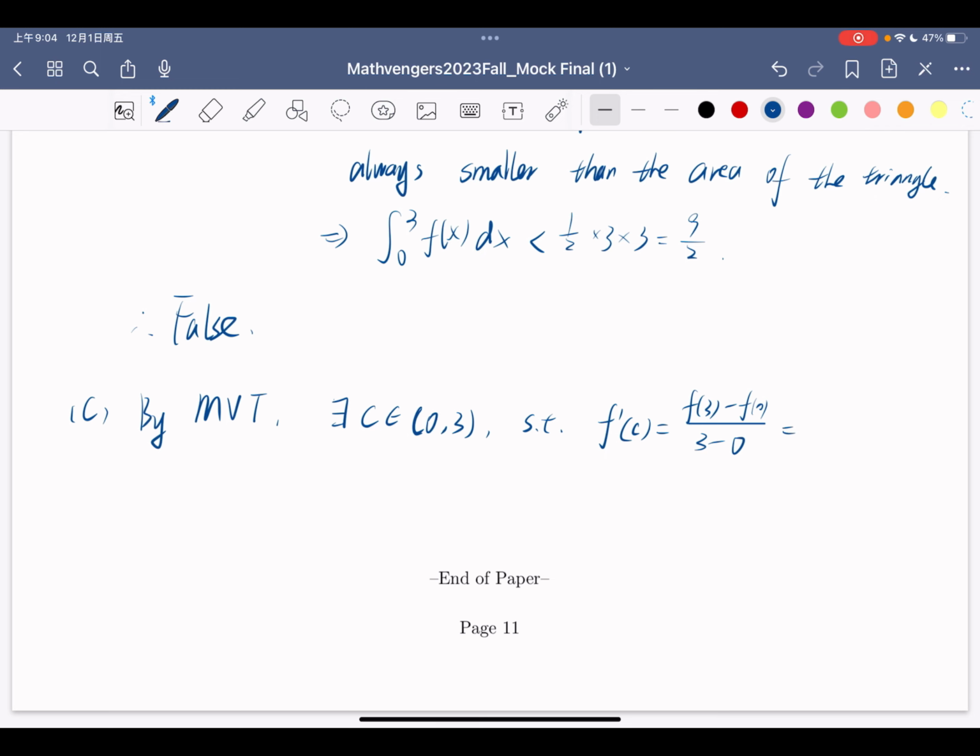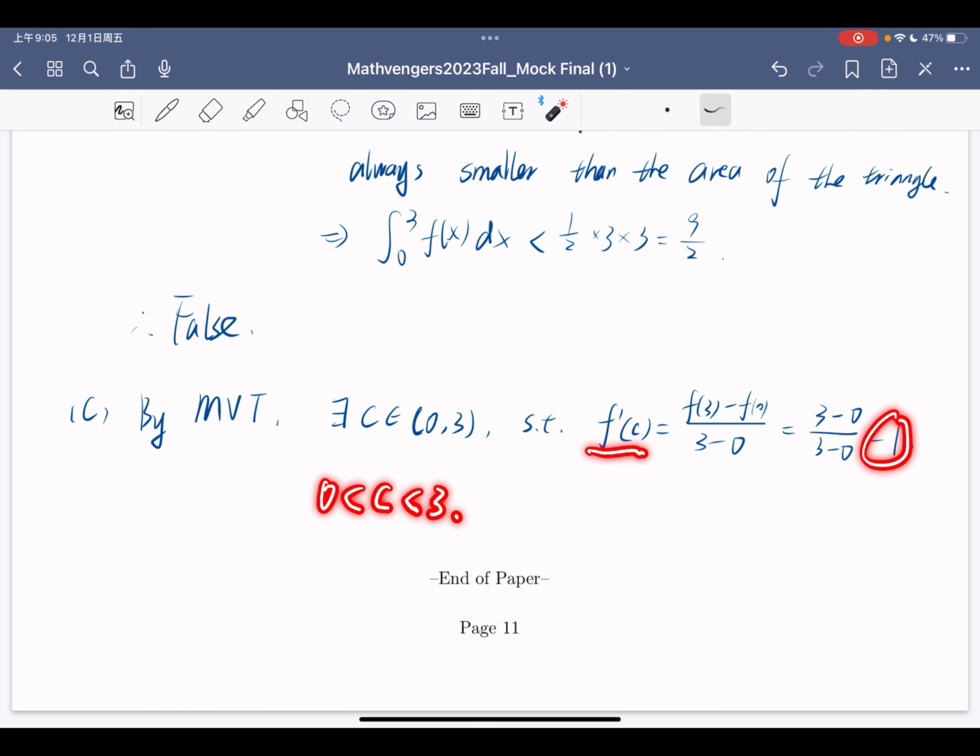We know f(3) is 3 from the previous part.